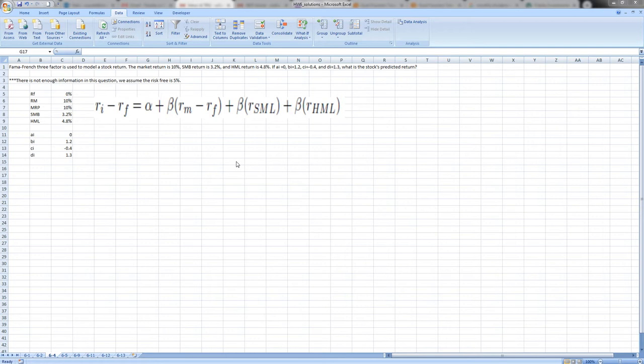Whereas if you look later in the text at the actual overview of the three-factor model on page 277, you see that the risk-free return is subtracted from the left-hand side of the equation, and you also see that the risk-free return is subtracted from the market return. This is again on page 277, equation 20.